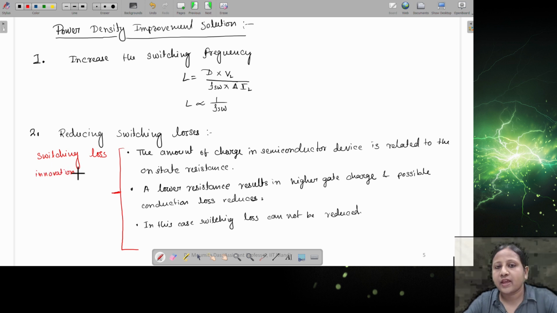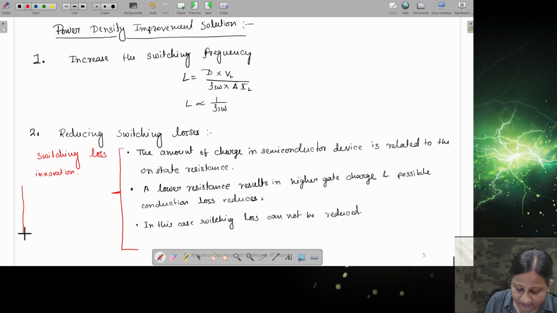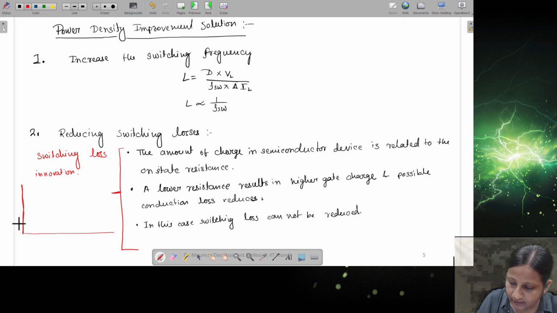In this particular course we are discussing wide bandgap devices, and how the switching losses change in them. If I consider the energy losses, I'm not giving any values, I'm just comparing GaN with respect to silicon and silicon carbide.